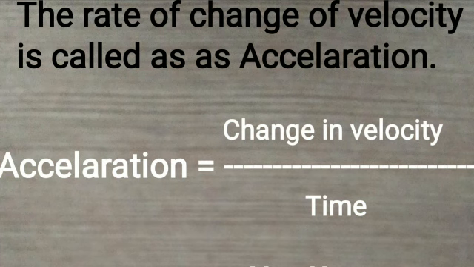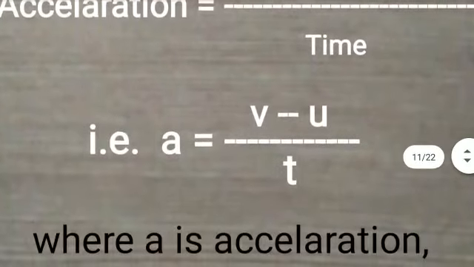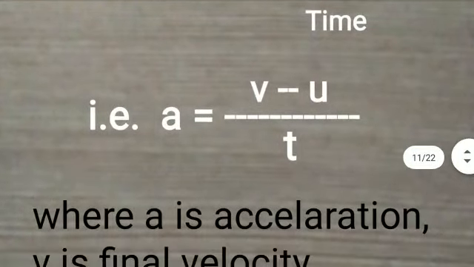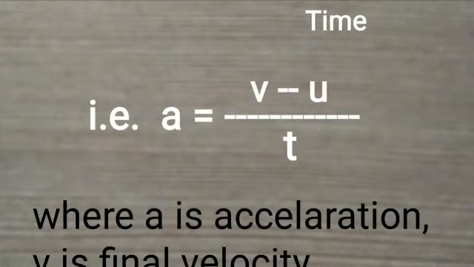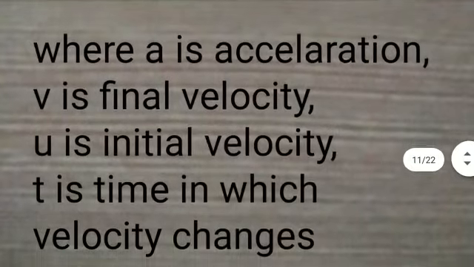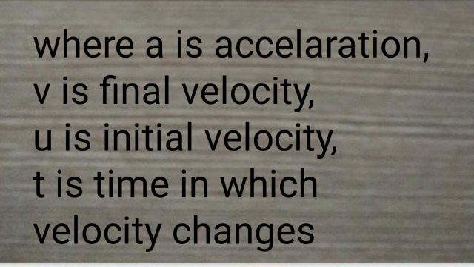Therefore, the formula for acceleration is change in velocity upon time, which is also given by the short form a is equal to (v minus u) upon t, where a is the acceleration, v is the final velocity, u is the initial velocity, and t is the time in which velocity changes.